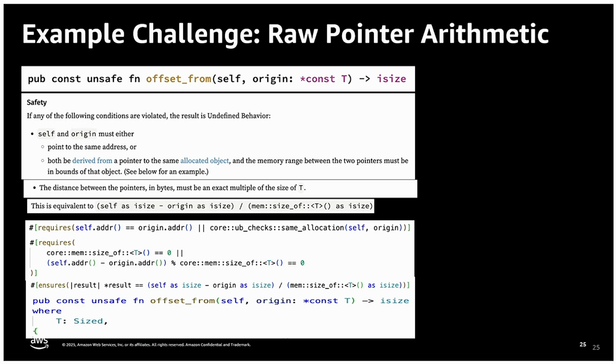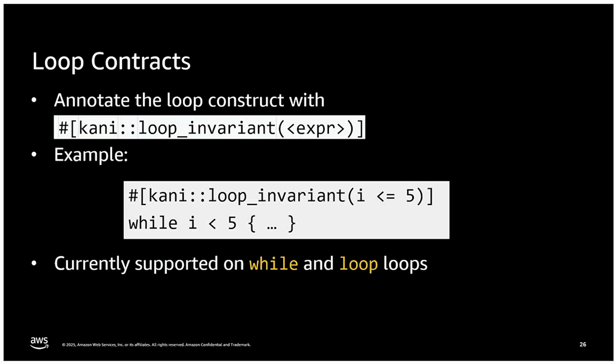Now, the other type of contracts we have in Kani is loop contracts. Basically, you can annotate a loop construct with kani::loop_invariant and some expression. So for example, you have a while loop, and you can write on top of it kani::loop_invariant and some predicate in there. What we currently support in Kani is while and loop loops.